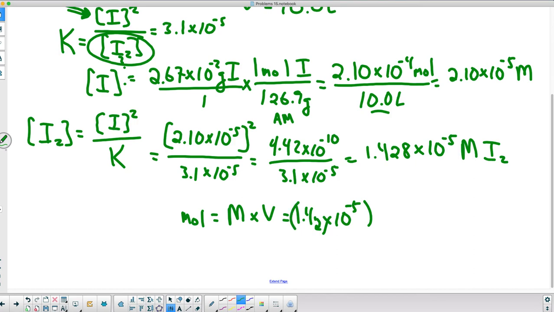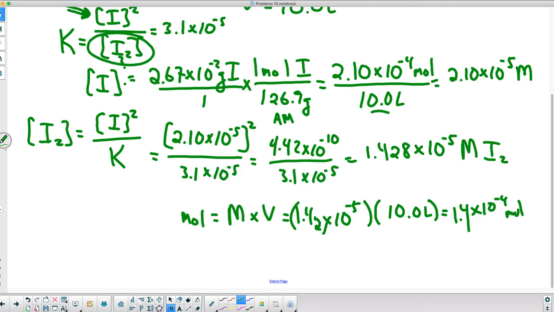And then I'm going to multiply that by 10 liters. So I multiply that by 10 equals the same thing times 10 to the -4th. 1.4 times 10 to the -4th. That gives me the number of moles.